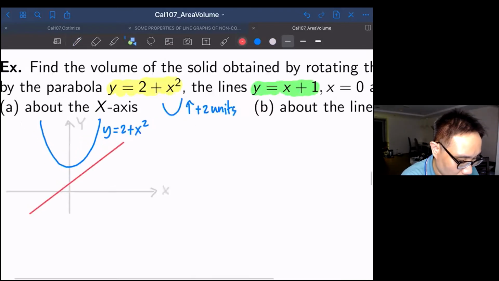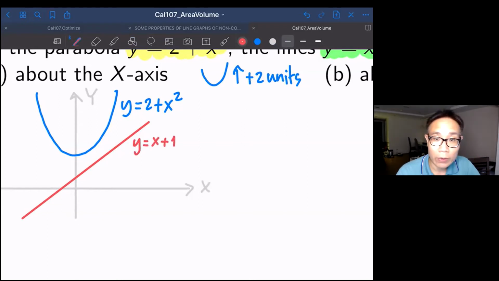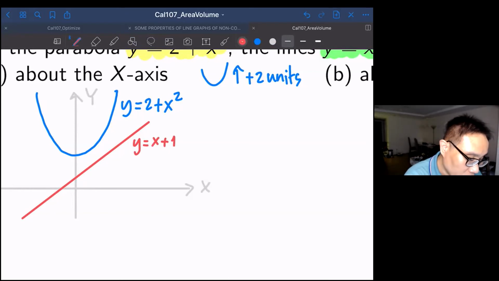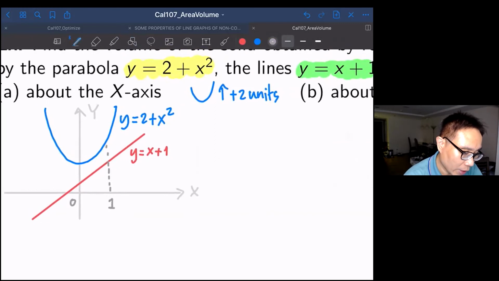Let me enlarge this for you to see it more easily. So you have y equal to x plus 1, y equal to 2 plus x squared, over the interval 0 to 1. Let me mark 0, and you have also 1 here. And you rotate this about the x-axis.